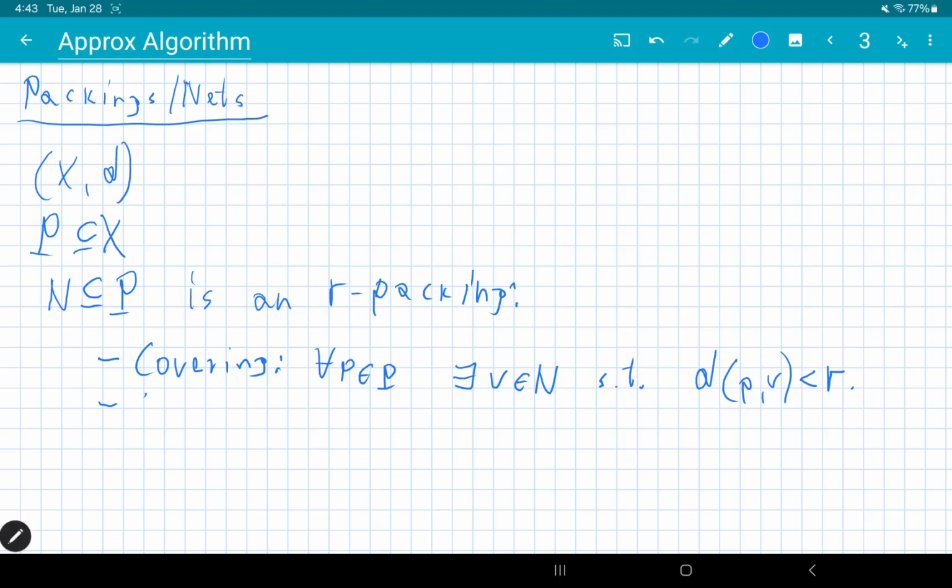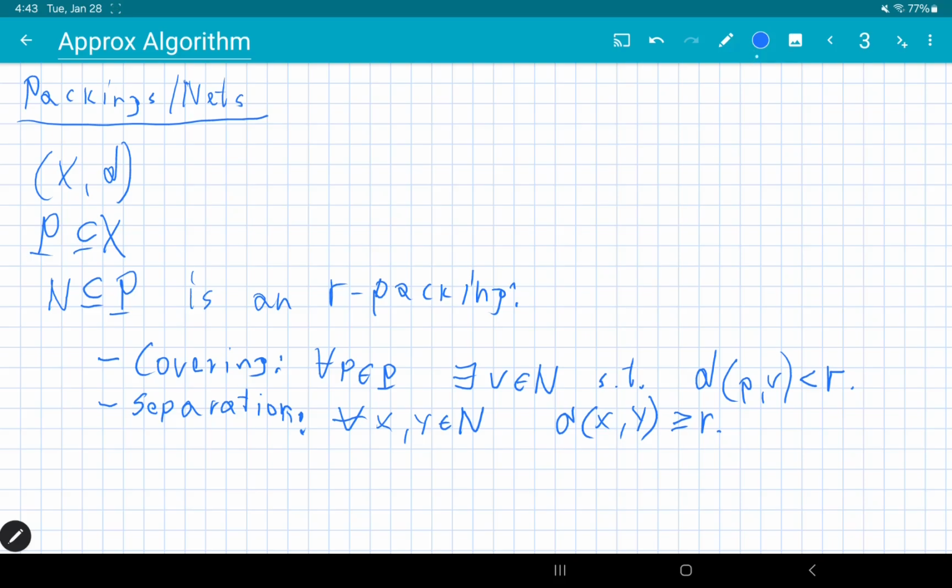And the second interesting property is separation, which we need to spell correctly. Separation property, which implies the following: for any two points x and y in the net, their distance xy is at least R. Okay?